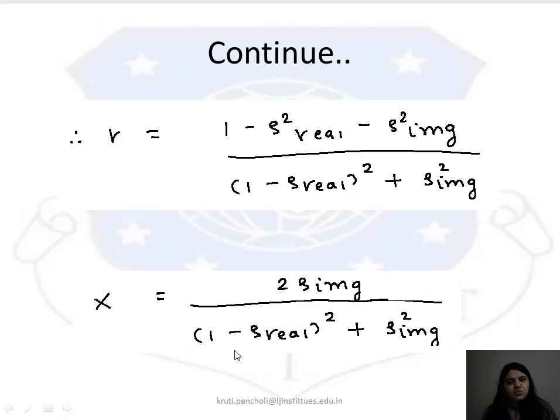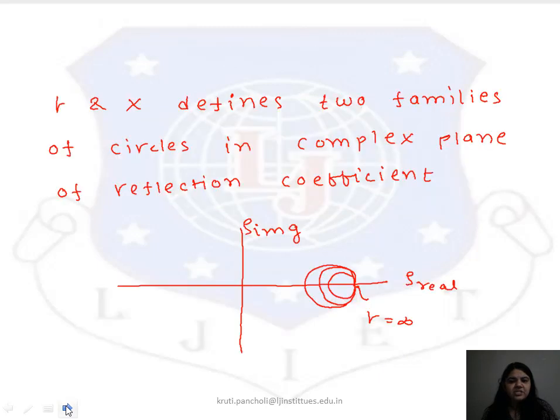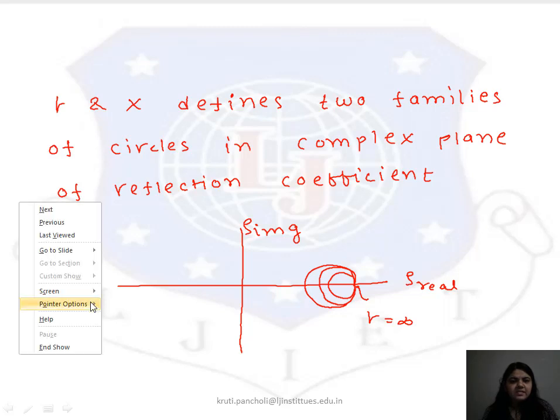This way we can find R and X, which define the two families of circles. One family is the resistance, and another one is the reactance. So here you have the constant resistance circles, and we also have the reactance circles, and in the Smith chart you can see it like this.